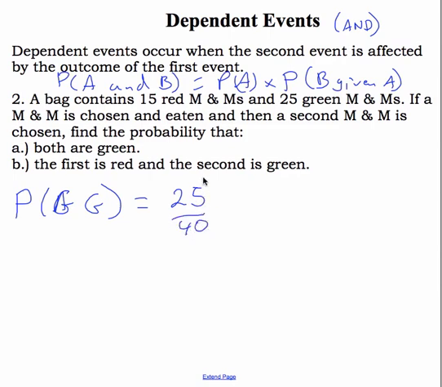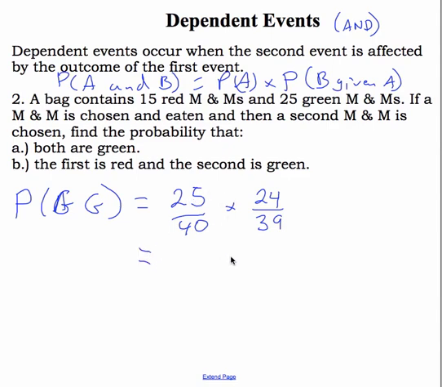So it's 25 out of 40. And we multiply when we're doing AND probabilities. So we multiply by, now the second one is, see that what happens is it depended on what happened the first time. Now, there's not 25 candy left, it's 24 green M&Ms. And there's 39 total left. So this is what it looks like.